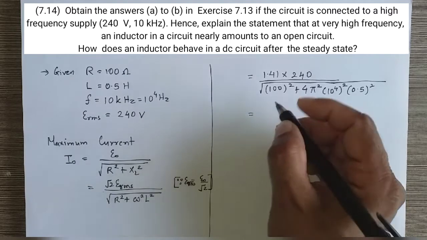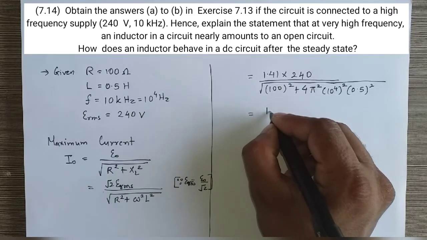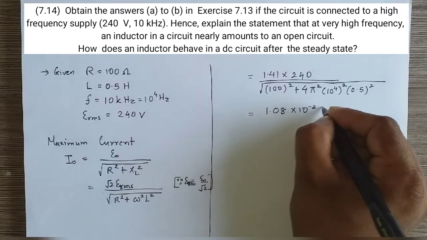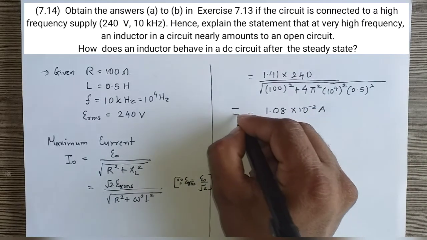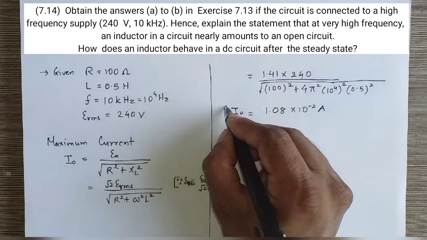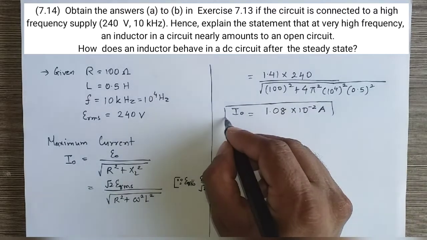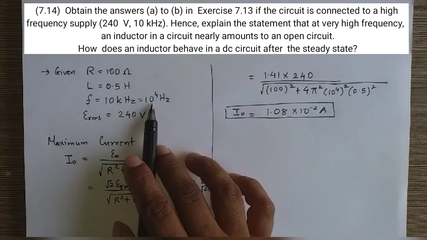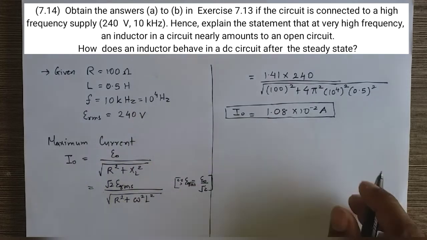On calculating this value we get the answer 1.08 into 10 raised to minus 2 ampere. This is the maximum current we get when the frequency is very high, which is 10 raised to 4 hertz.